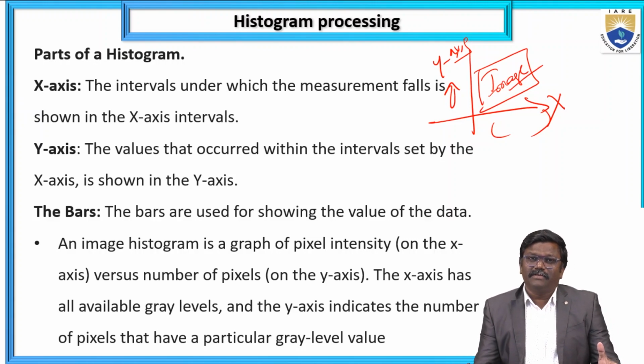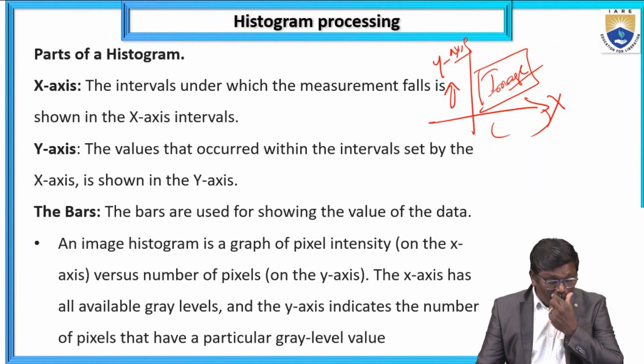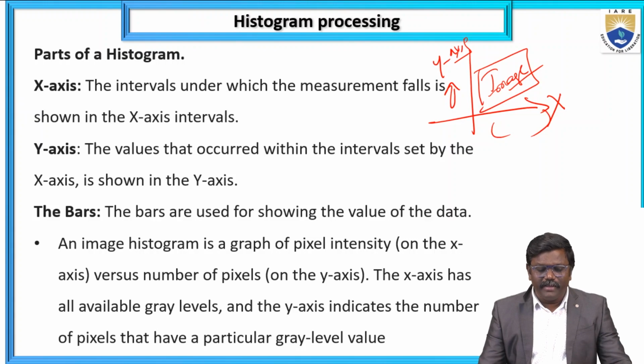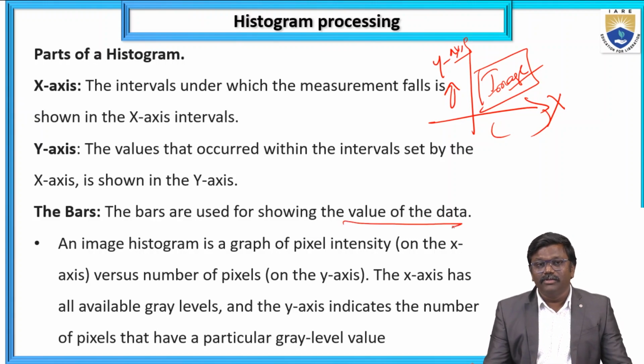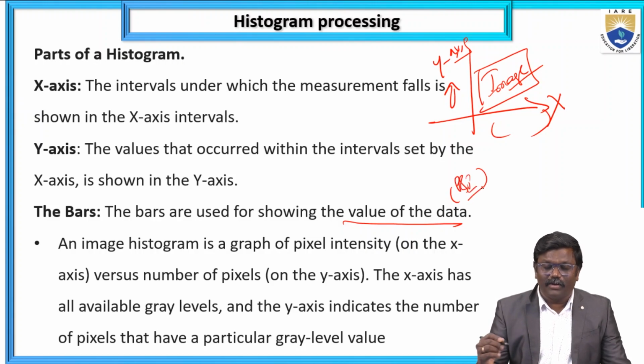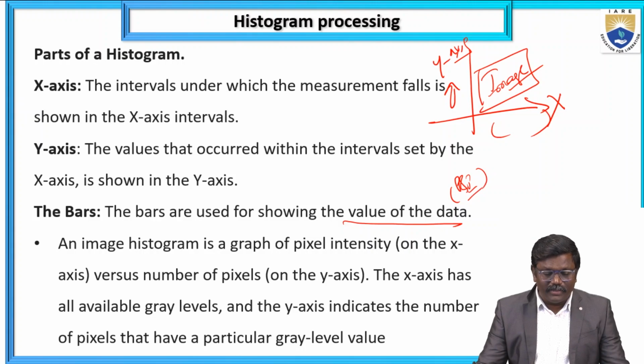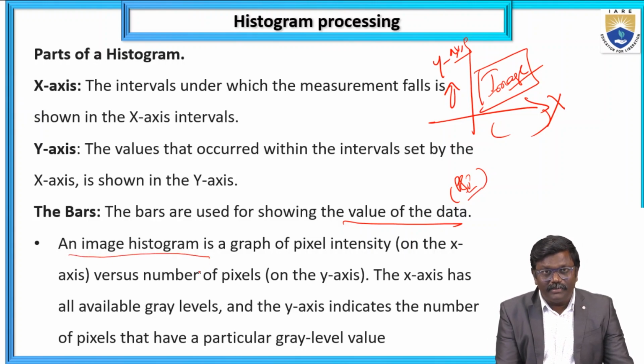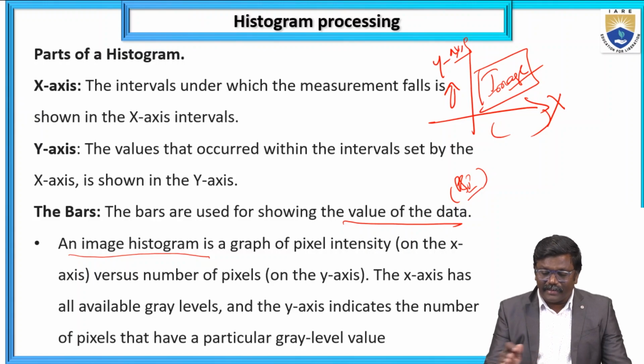Once we understood such simple processing, let us go to one more important point. An image histogram is kept in terms of a graph, which is the characteristic of a particular image. We use bars, and the bars are used for showing the value of your particular required data. The data here is in terms of pixels and intensity values only. So an image histogram is a graph of pixel intensity on the x-axis versus number of pixels on the y-axis.